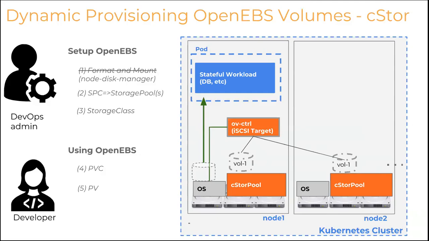So we could go with that assumption, but the Cstor pool can be created on any disks that are available. For example, the storage pool claim is very generic in terms of requirements. It talks in terms of I want certain capacity, I want certain IOPS, that kind of parameters, and it could specify the type of the disks as well.